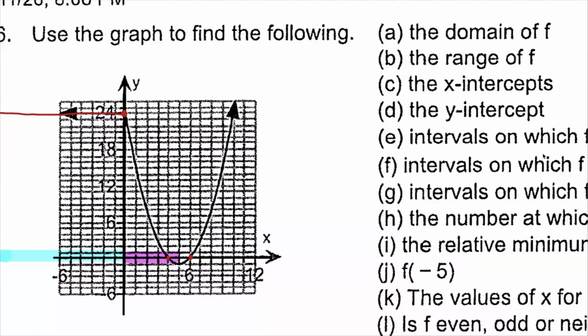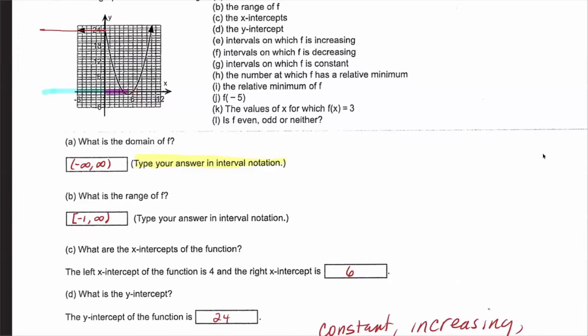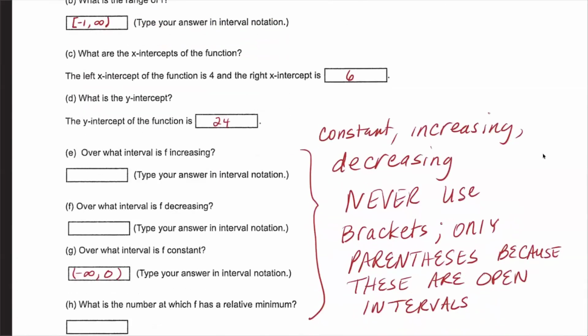When x is 5, again, when x is 5, that's when this function stops decreasing. So it starts decreasing at 0. It stops decreasing at 5. And that's what we're going to place as our interval. It starts decreasing at 0, stops decreasing at 5 with parentheses on both ends of that interval.